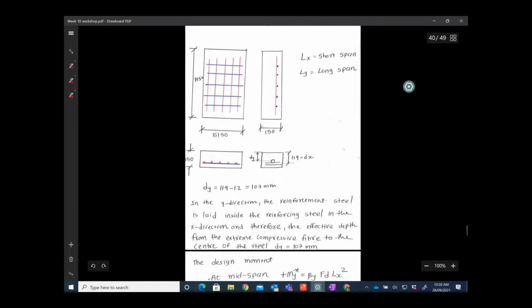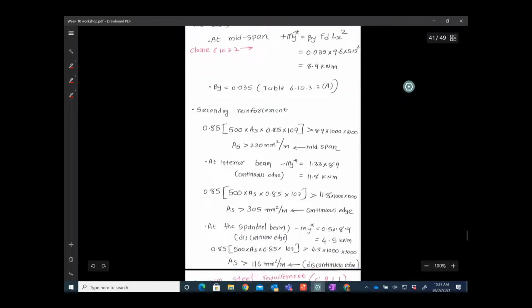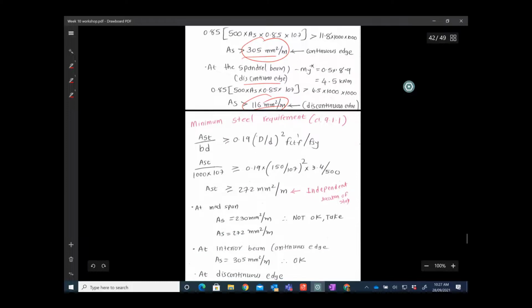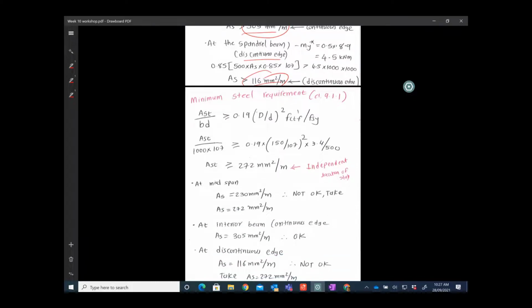Yes, so secondary directions we are talking about. Now in secondary directions, we calculate the reinforcement at the discontinuous edge, the continuous edge, and we calculate those three reinforcements, right? Based on three different moments. Right, now we need to recalculate this minimum reinforcement.